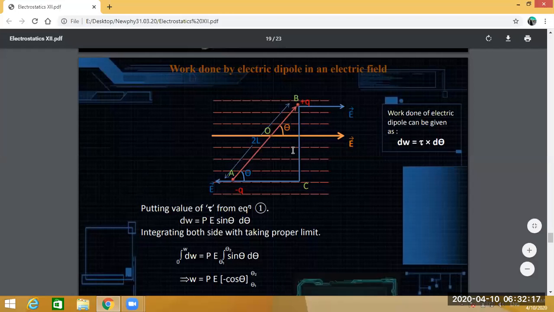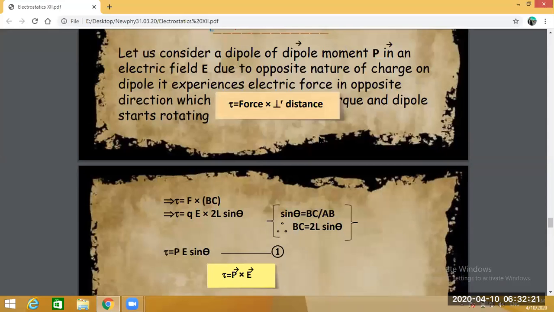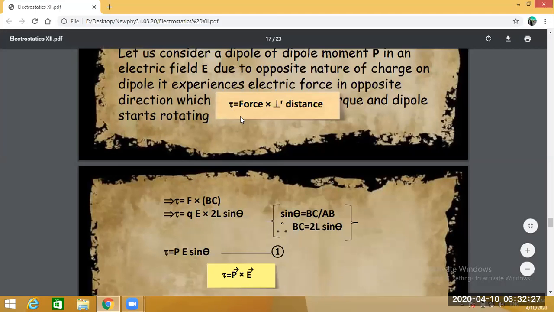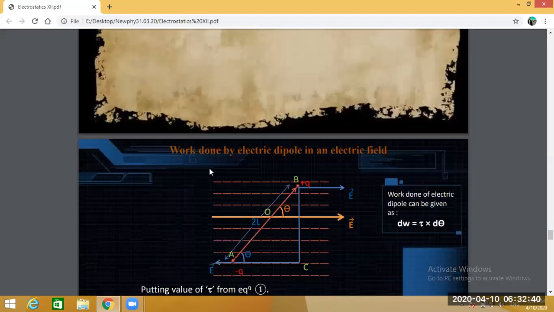So just after having detailed information regarding the expression for the torque or moment of force when an electric dipole is placed in a uniform electric field, we are now going to deal with another expression for the electric dipole.